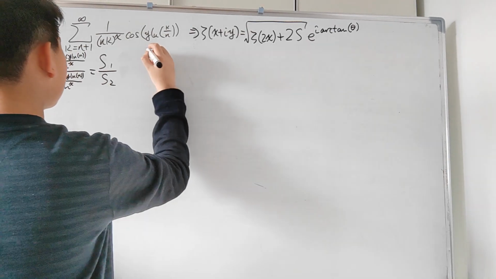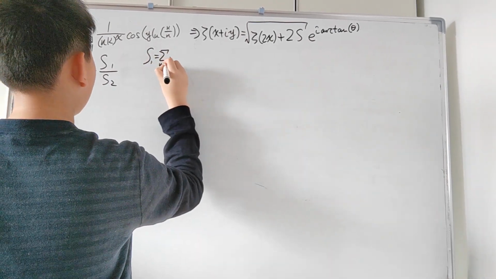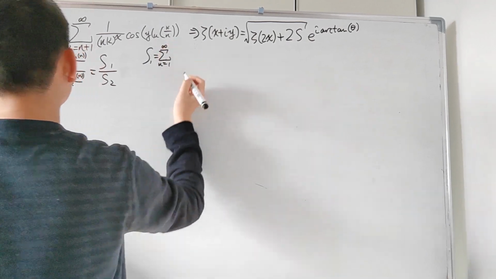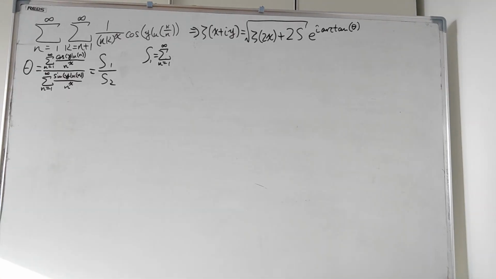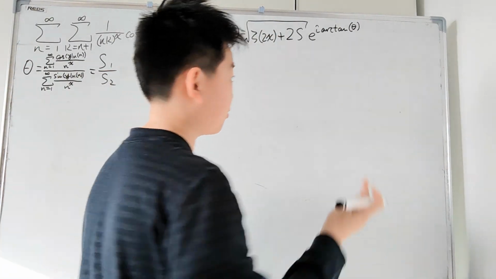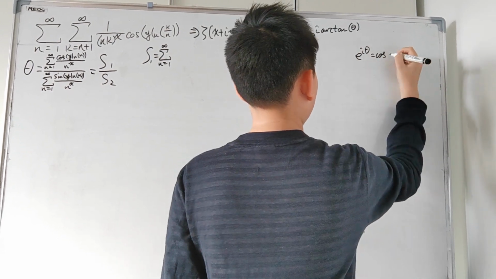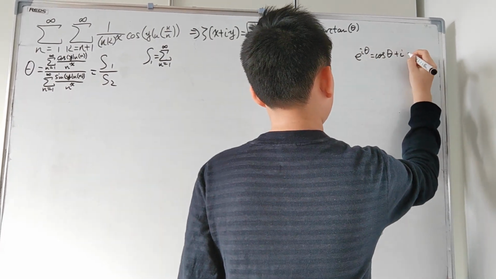And how I'm going to do that is we're going to use Euler's formula again, but in a bit of a different taste. So once again, for Euler's formula, we have e to the i theta is equal to cosine theta plus i sine theta.